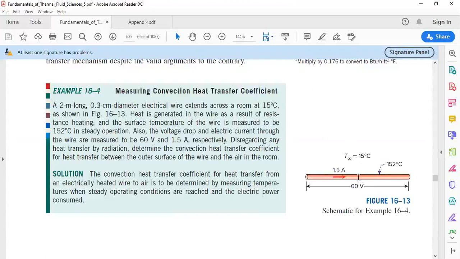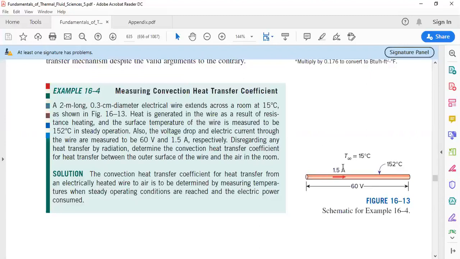The heat is generated in the wire as a result of resistance heating, and the surface temperature of the wire is measured to be 152 Celsius degrees in steady operation. Also, the voltage drop and electric current through the wire are measured to be 60 volts and 1.5 amperes. Disregarding any heat transfer by radiation, determine the convection heat transfer coefficient for heat transfer between the outer surface of the wire and the air in the room.